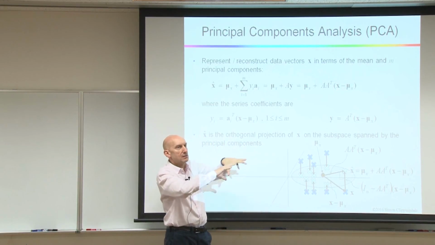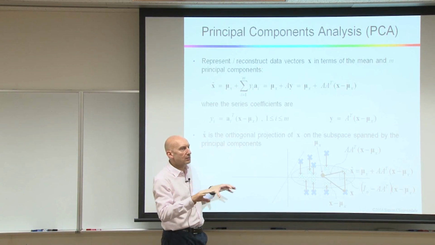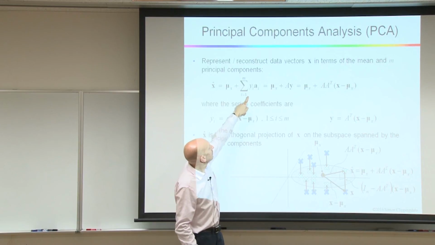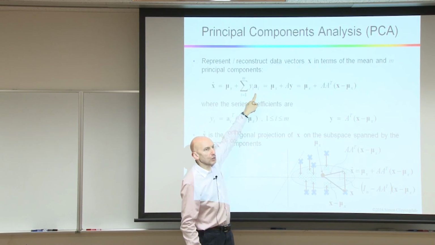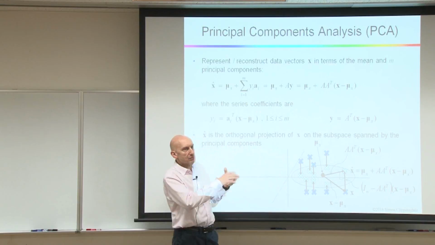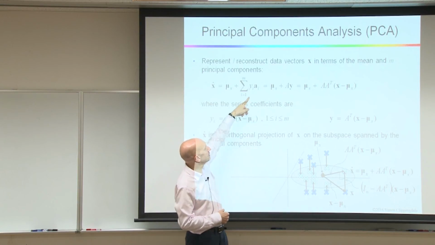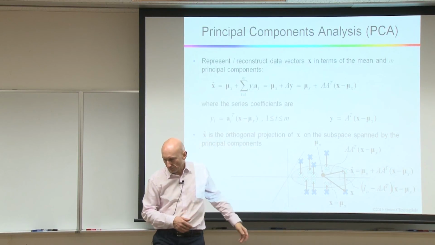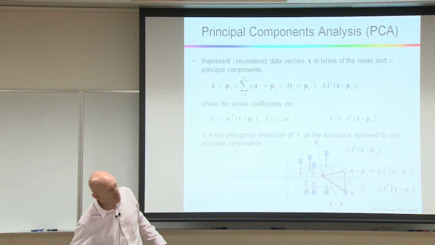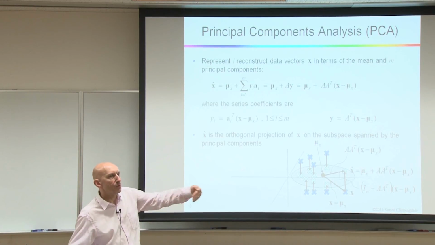So you have a weighted combination. And you find out that the weights generally get smaller as the number increases. If these are in eigenvalue order, what that means is that the weights are going to get smaller and smaller.